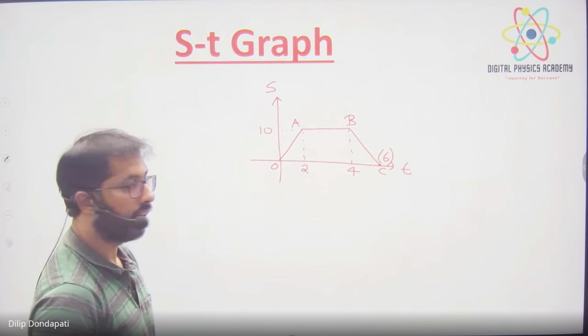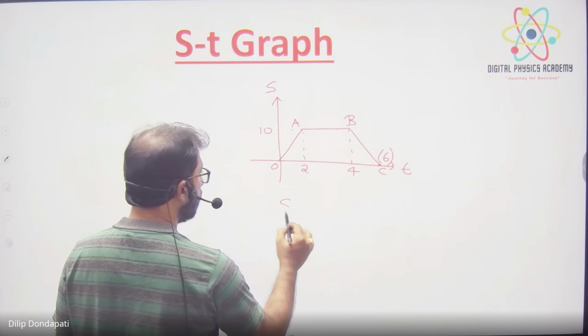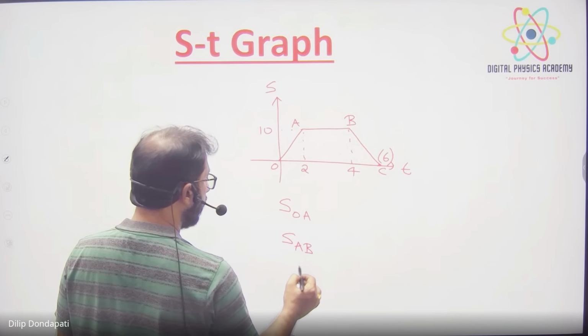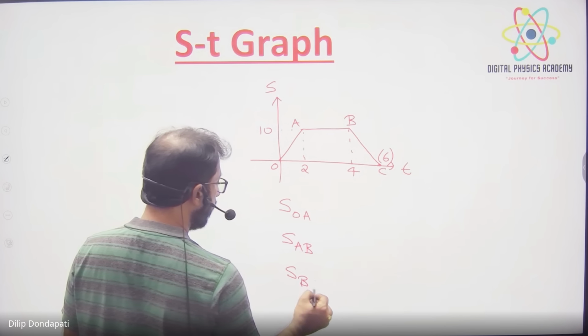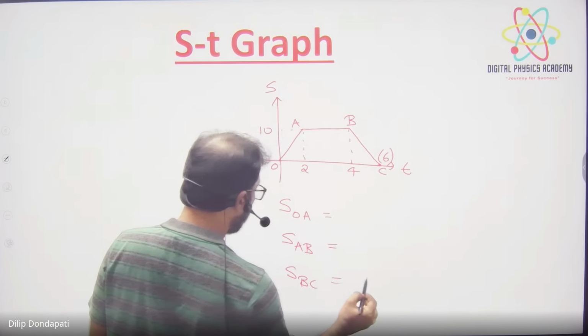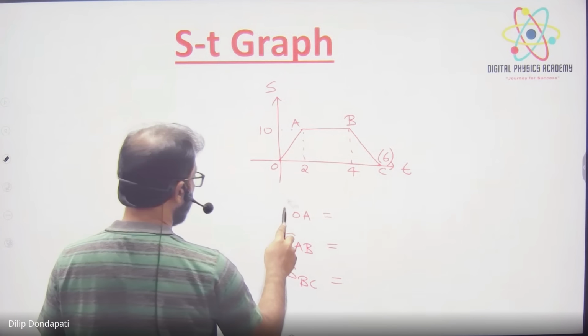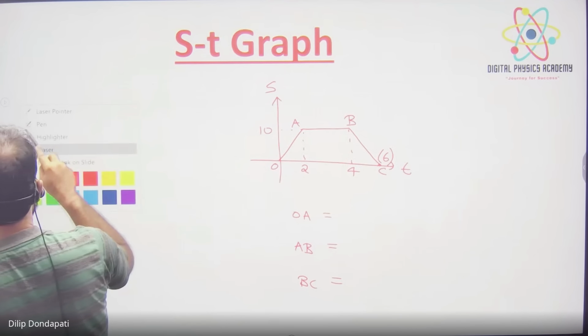He is telling to find the velocity in OA, AB, and BC. Sorry, velocity, not displacement.